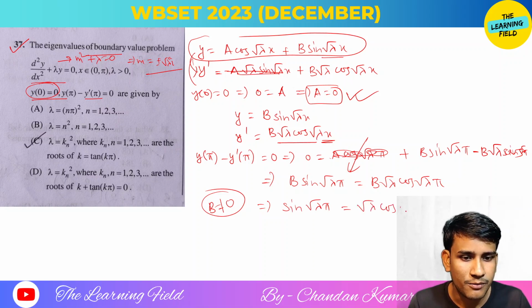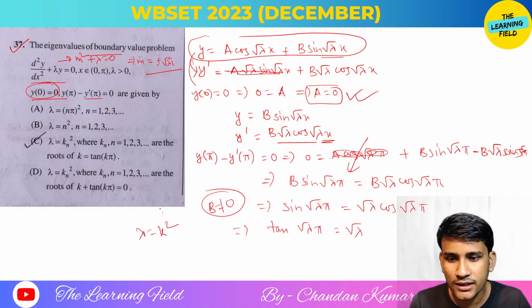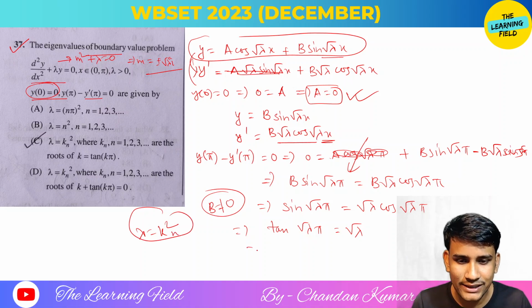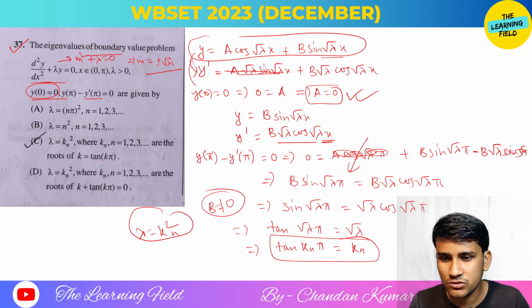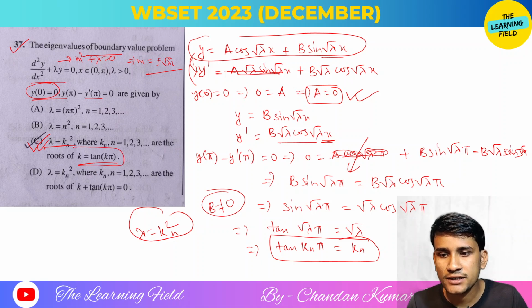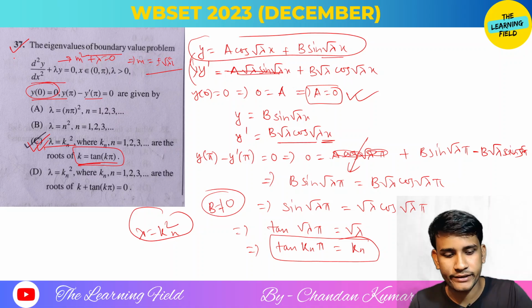If we take lambda equal to k square, then tan(k pi) equals k, for k equal to 1, 2, 3 and so on. So option C is true here, where lambda equals k square and these are the roots of k equal to tan(k pi). Okay, so option C is correct.